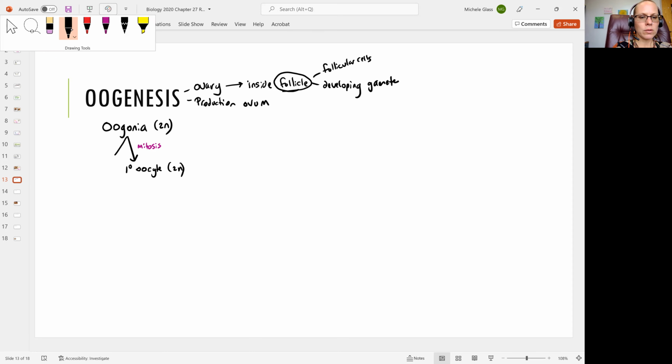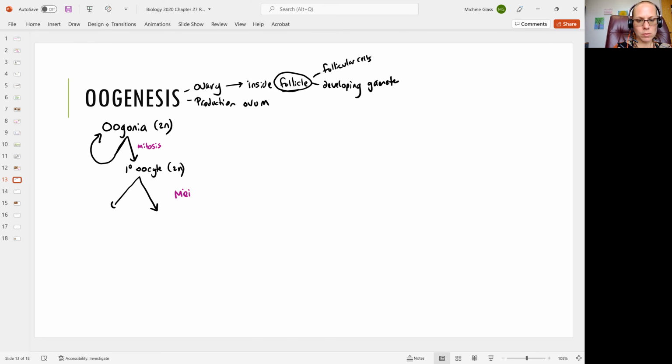And then the other daughter cell that we're producing, you're basically regenerating that stem cell so that it is always present. And then what we see happening is that primary oocyte undergoes meiosis 1.